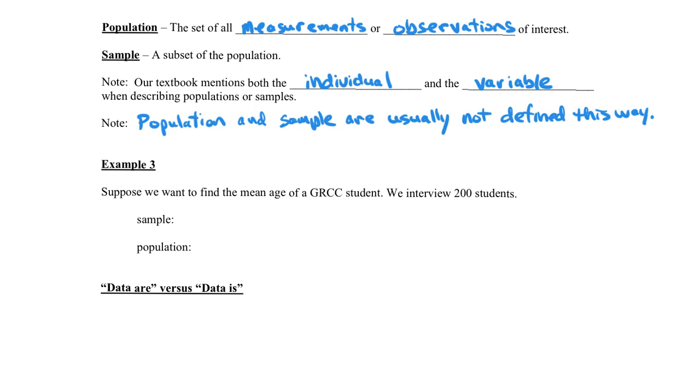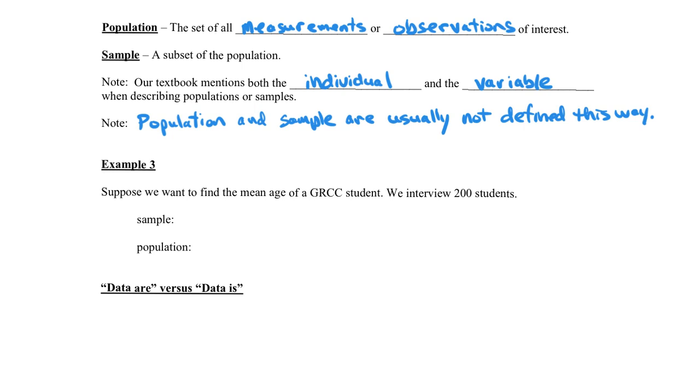You can do it the more traditional way where you just mention the individuals, or you can do what our author does, which is to also add the variable. It's totally up to you. I'll show you what I mean when we do this example 3, in case you're not sure what I'm talking about. It's just a couple of different ways to do this, and either way it will be okay.